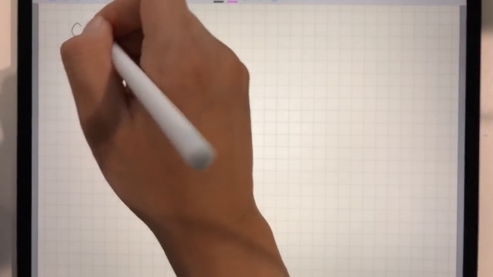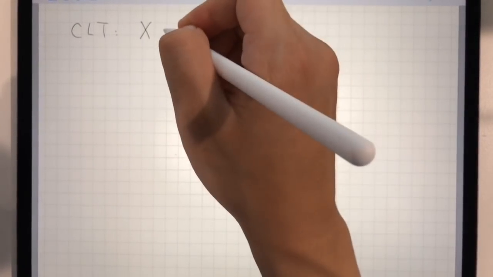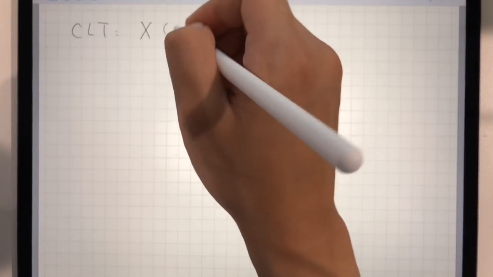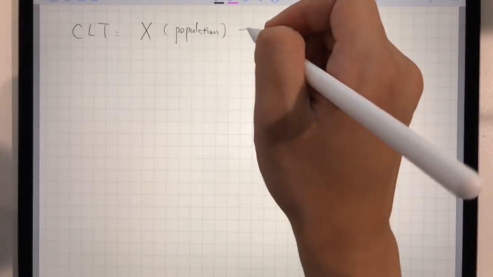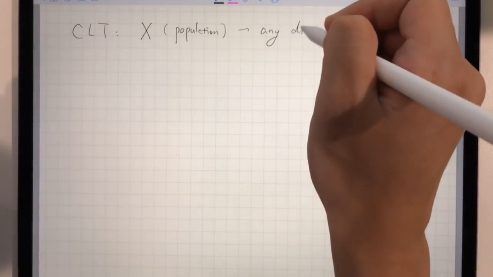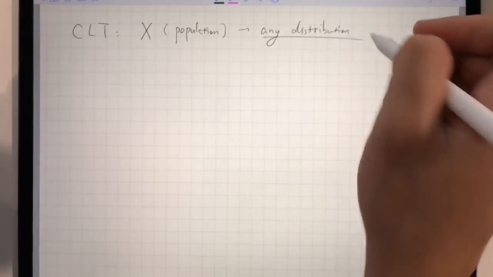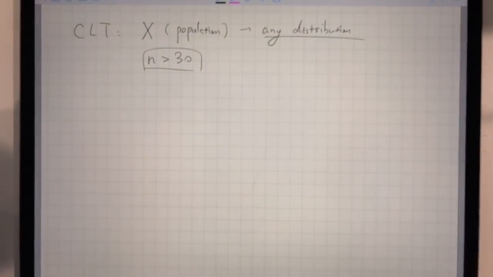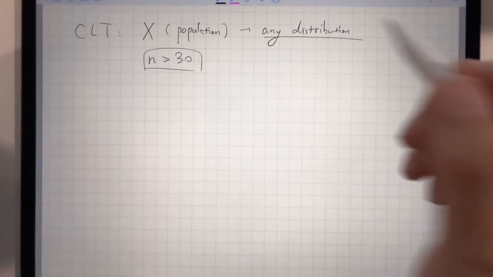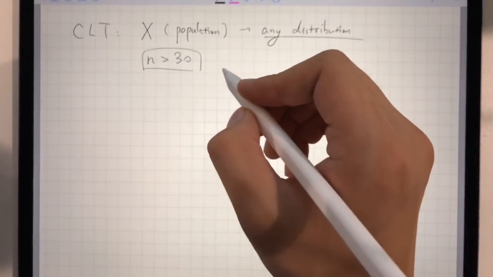So let's go back and see the central limit theorem. The central limit theorem is basically telling us that no matter how x, which is our population, is distributed, it can be any distribution, right? As long as we have a big sample size, namely when n is greater than 30, then we can approximate the sampling distribution of the sample mean.